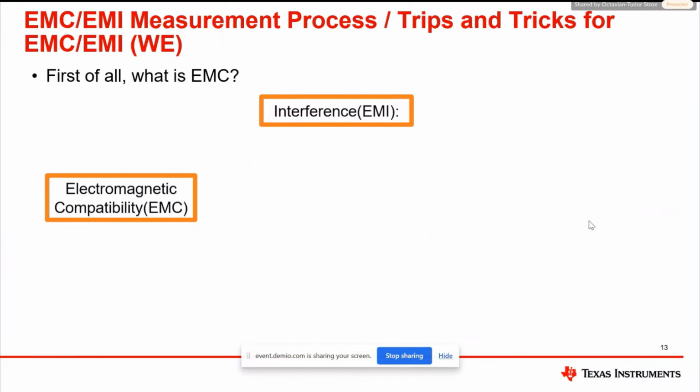So, electromagnetic interference is the amount of electromagnetic energy generated by my device, and electromagnetic susceptibility, EMS, is how well this device can function when it's in the presence of unwanted electromagnetic interference.